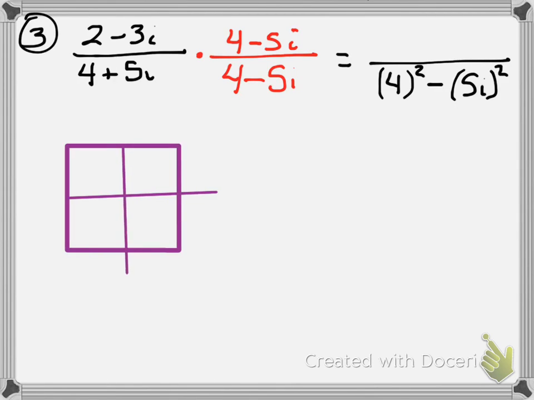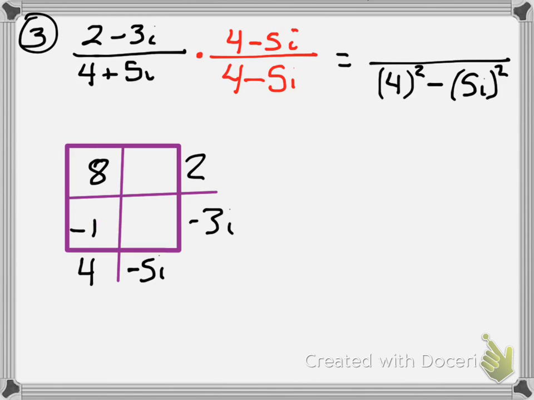That means we have to go back to what we did last week where we multiplied. And you can either use FOIL or the box method. 2 minus 3i and 4 minus 5i. And so 2 times 4 is an 8. That gives us the upper left-hand corner. Going down, 4 times a negative 3i gives us a negative 12i.